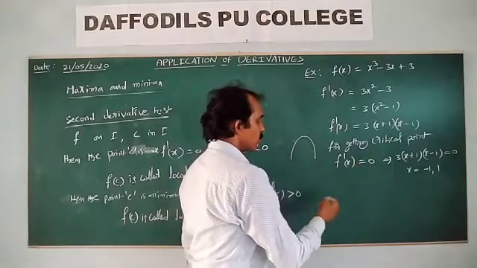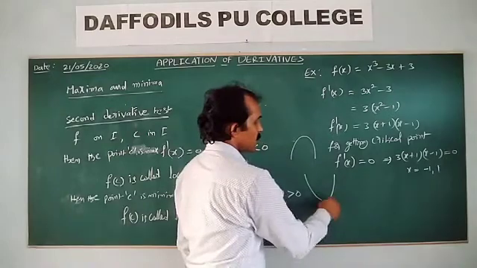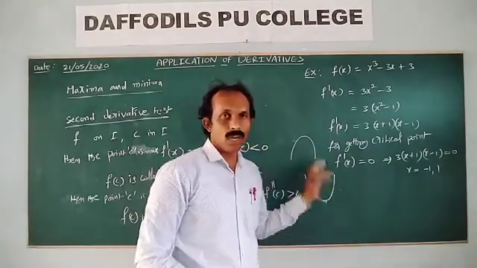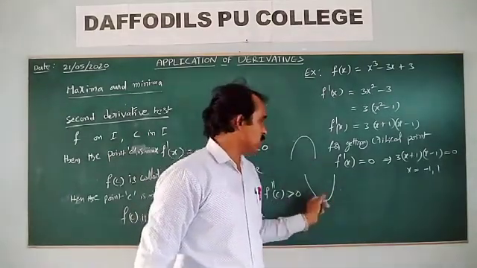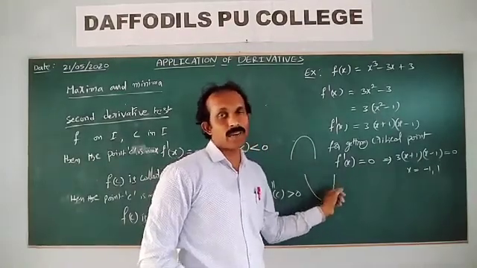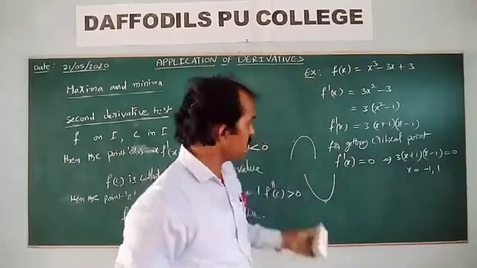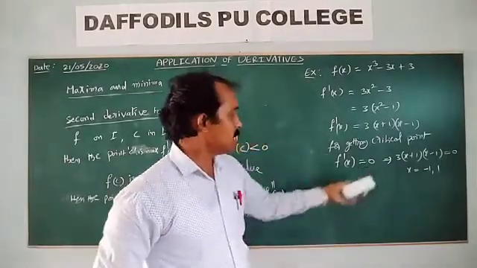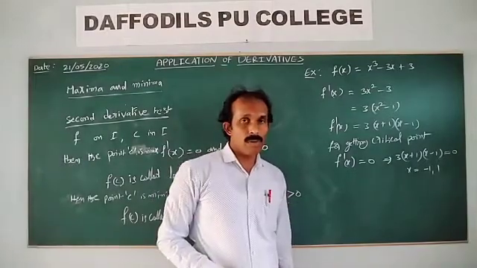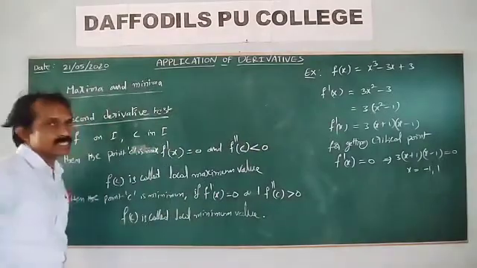And at 1, if the sign changes from negative to positive, it is called a local minimum value. So the neighborhood points left and right of 1 decide the sign changes, and then either local maximum or local minimum by using the first derivative test. Now we will use the second derivative test.